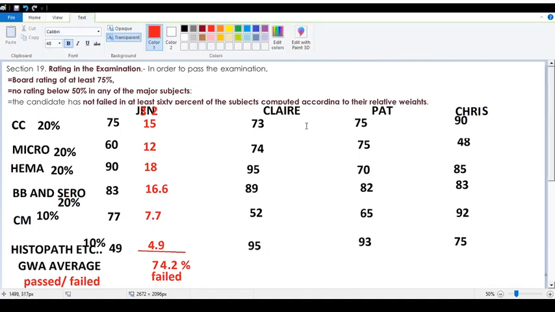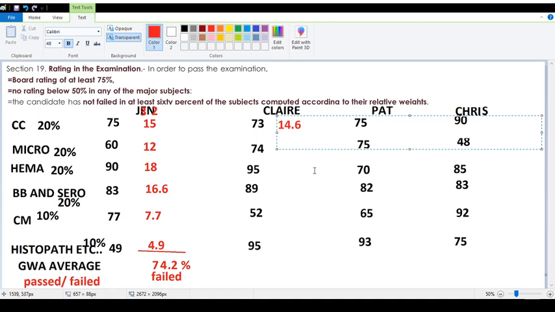Okay, so as simple as that, guys. So we move to Claire. Okay, so first we determine the board rating of Claire. So 7.3 times 2, that is 14.6.